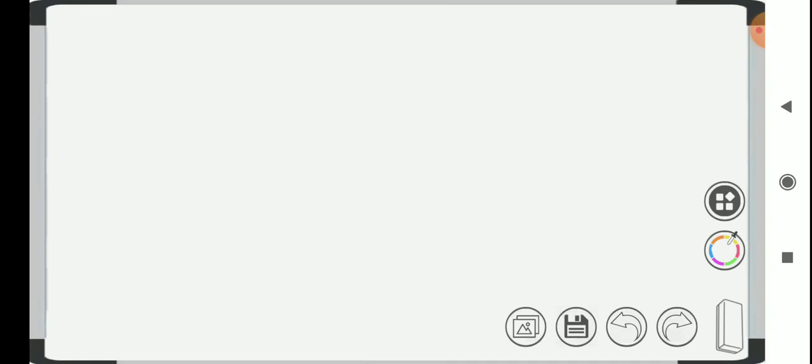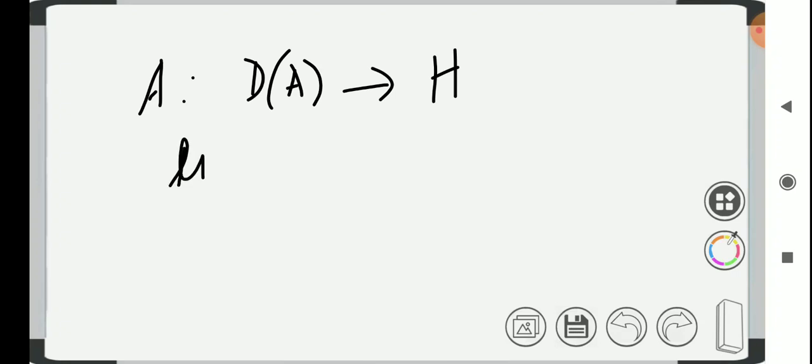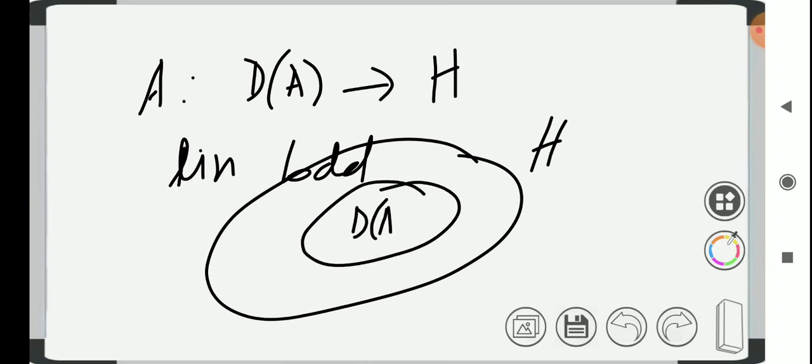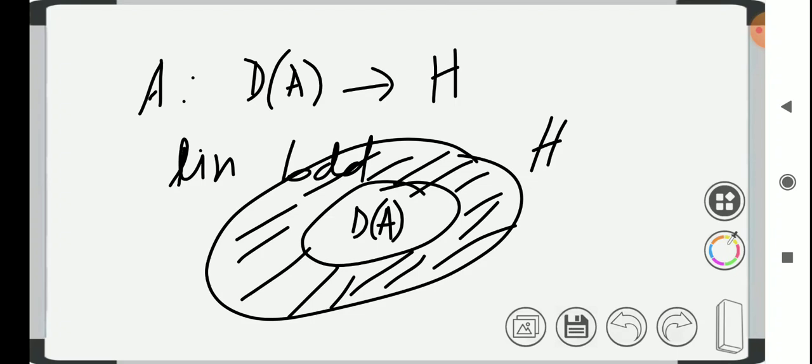Also, we assumed that our symmetric operator is not bounded. If we assume also that A is bounded, that is, linear and bounded, then we can extend this operator to the whole of H. That is, if we have our Hilbert space H and this is the domain D of A, and if we assume that it is bounded, then we can uniquely extend it to the whole space H by the very theorem for bounded linear operators which are densely defined.